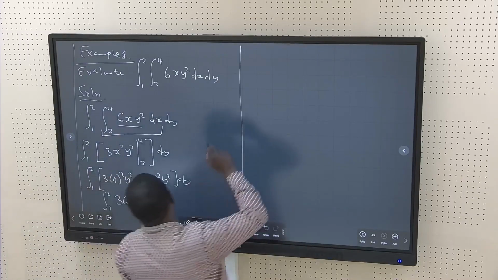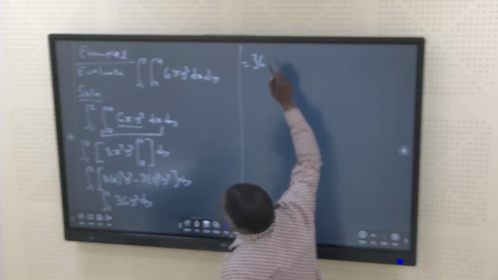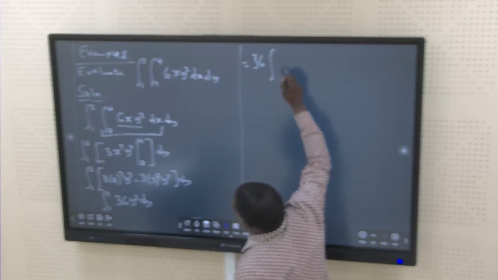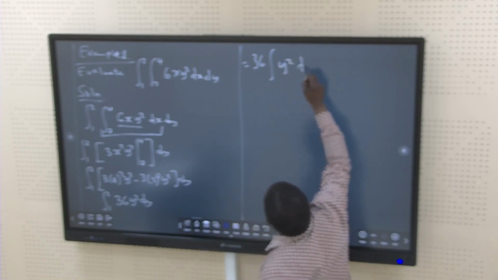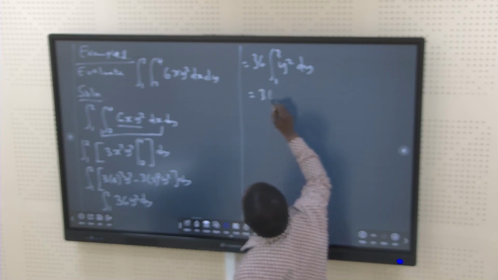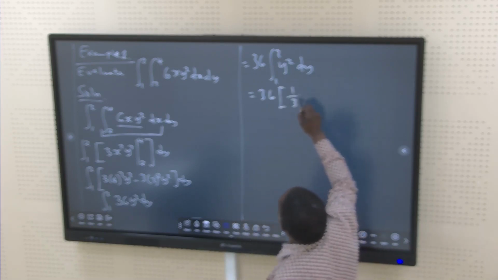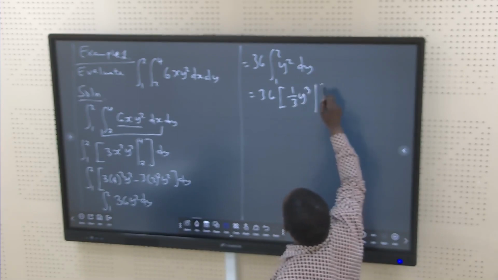So you deal with that one. This is 36 times the integral of y² with respect to y from 1 to 2. Integrating, this is 36 times 1/3 y³ from 1 to 2.